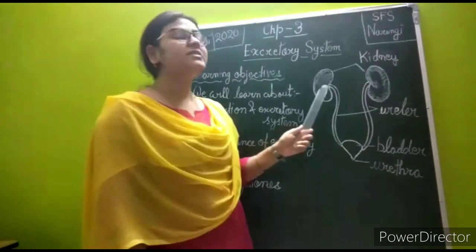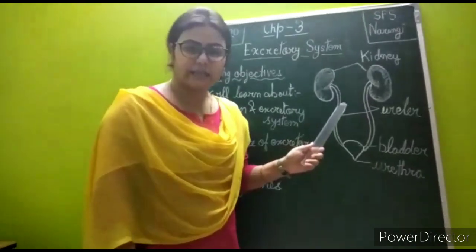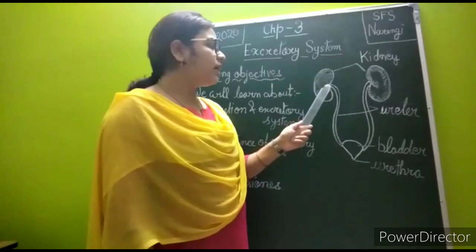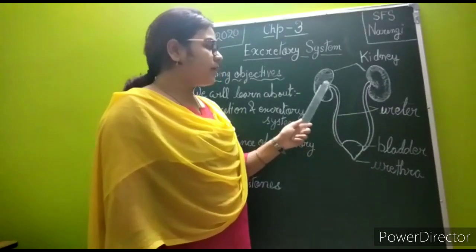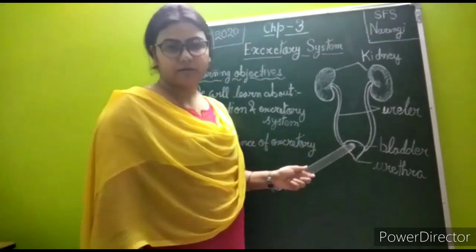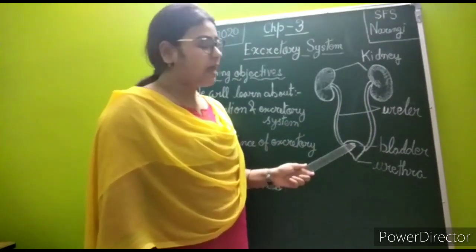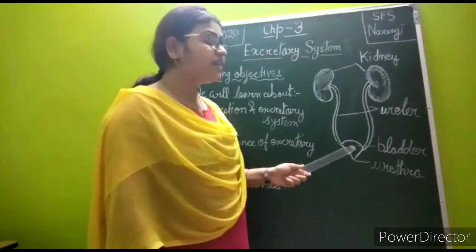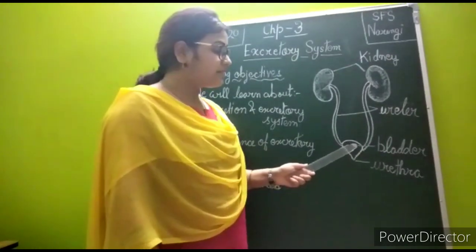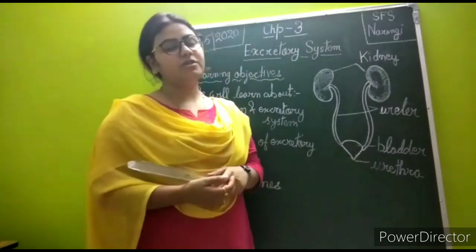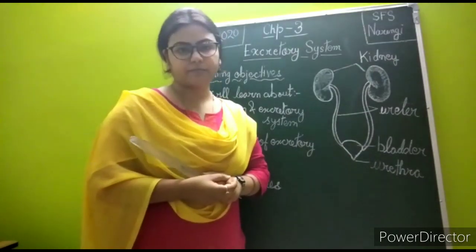The waste materials get collected in the kidney, and from there it passes on through the ureter and finally reaches the bladder. Now, once it reaches the bladder, when the bladder gets filled up, then only we excrete the waste materials out of our body.